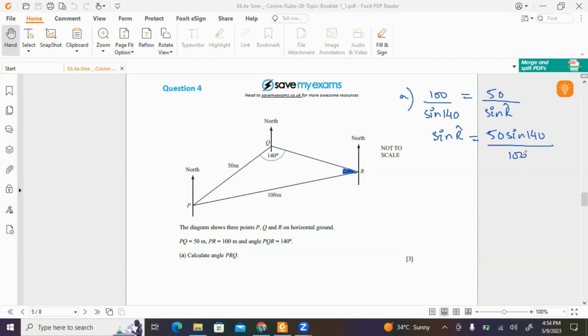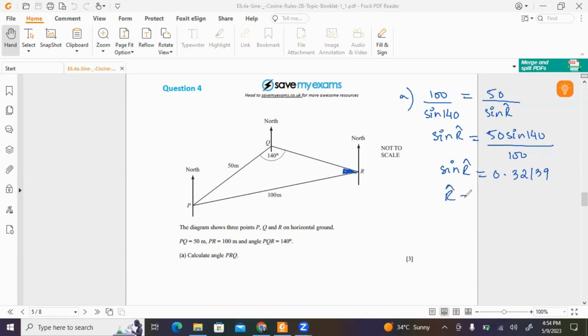Plug it in the calculator. So sine of angle R is 0.32139.